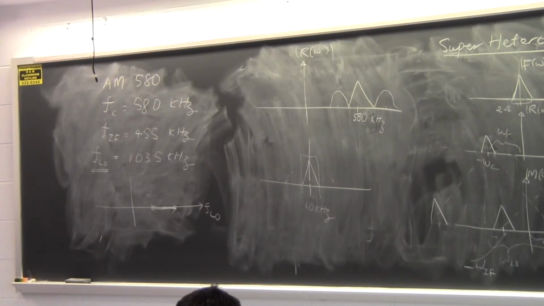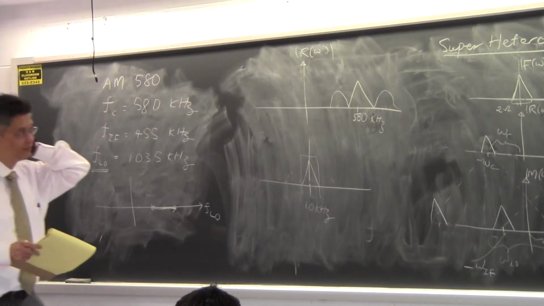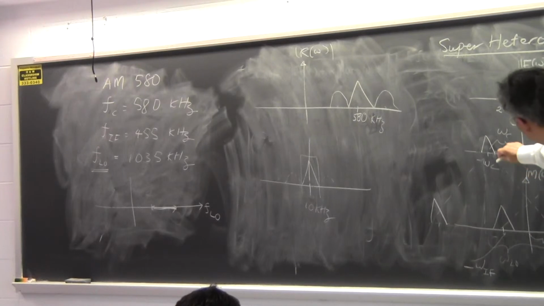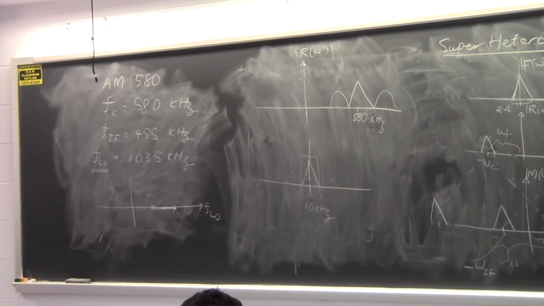Okay, there's another thing. There's this issue with an image station too. What happens if there is a station... you're trying to push this to IF, okay? This IF frequency is over there.